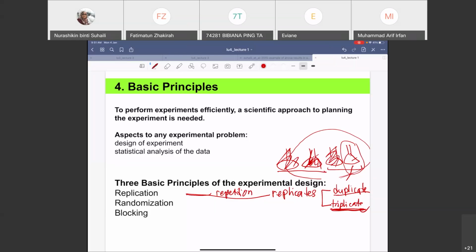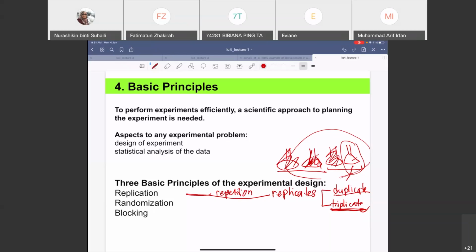So replication is not just about giving the audience confidence about your data, but also a way you can make yourself safe. Safe in terms of you don't have to repeat your experiment. You don't have to do double work if things don't work. If you have more than duplicates, let's say triplicate or 4 samples, but your experiment still doesn't go well and everything is a mess, that one is different lah, you have to try again.